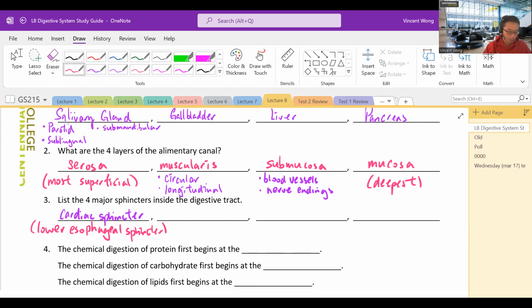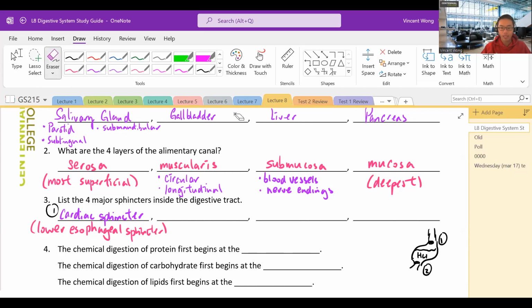I like cardiac sphincter more because it helps you remember that when a person gets heartburn, it is because the cardiac sphincter is not closing properly. All the acids start to come out from the stomach, and it burns your esophagus a little bit. So this is the cardiac sphincter right here at the top of the stomach, and this is where all the acid is, HCl.